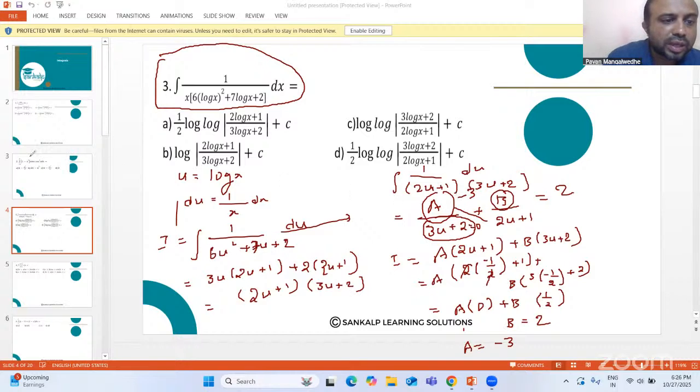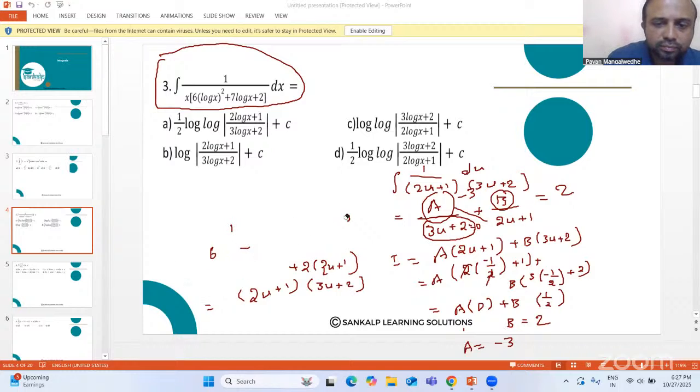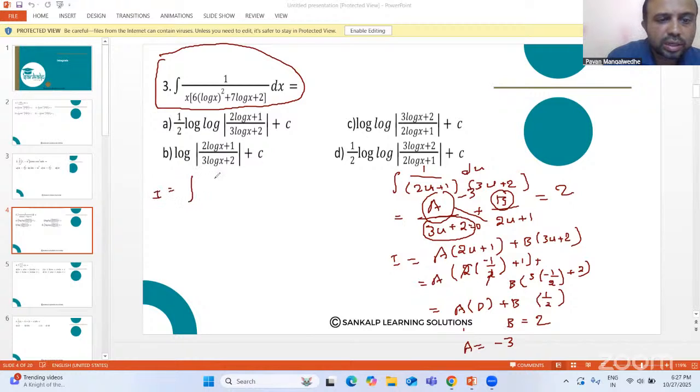Then the new form of the integration becomes the integration of 2 by 2u plus 1 minus 3 into 3u plus 2.